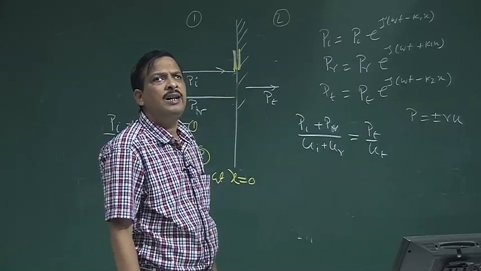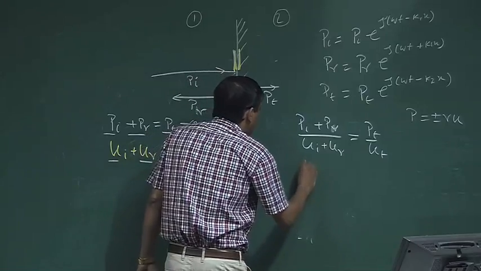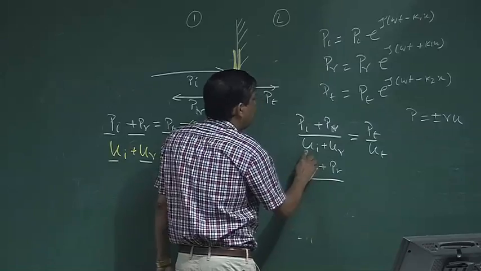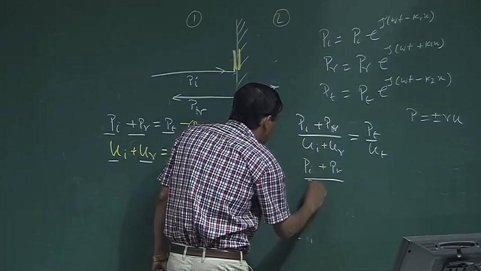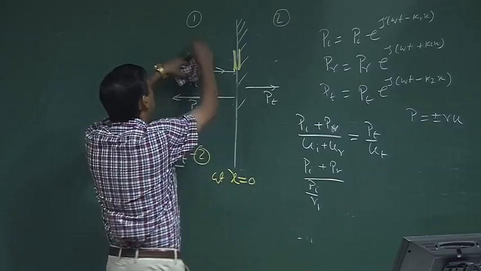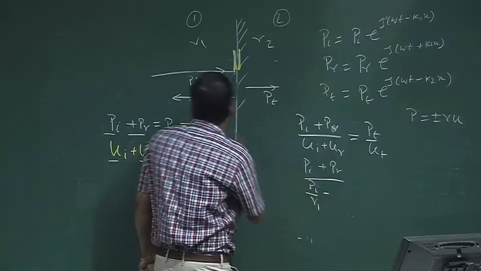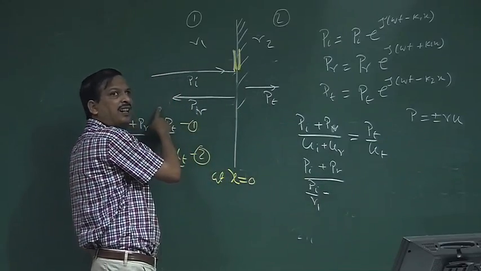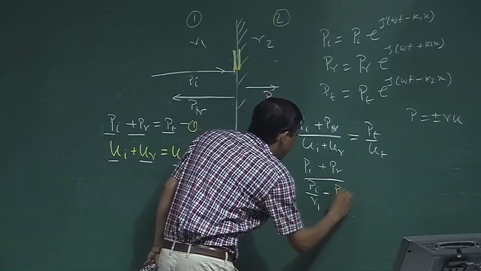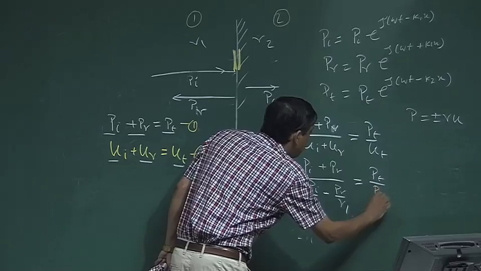So, what is Ui? Ui is Pi divided by R1. Same medium, this is R1 and this is R2. For the reflected wave, the direction of propagation is different, so there is a 180 degree phase shift, so minus PR by R1 is equal to PT by R2.